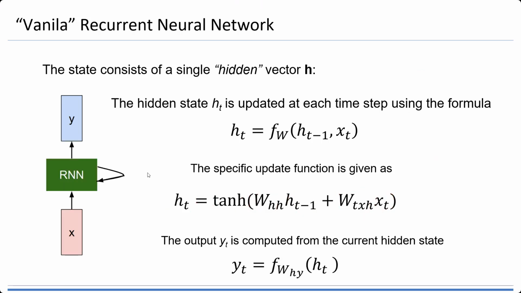And finally, y, or the output, is computed from the current hidden state. So we have the x and the h, and h is combined with x in order to produce y.